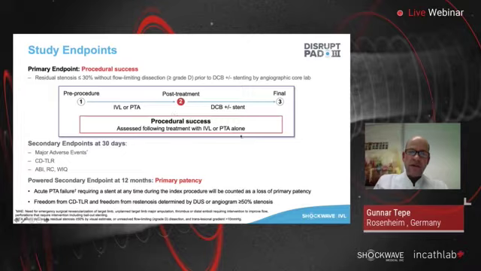Afterwards, the DCB was used. It is very important to point out, as summarized in this slide, that the primary endpoint was procedural success. This was because we enrolled only highly calcified lesions in that study, and this is an unmet need.